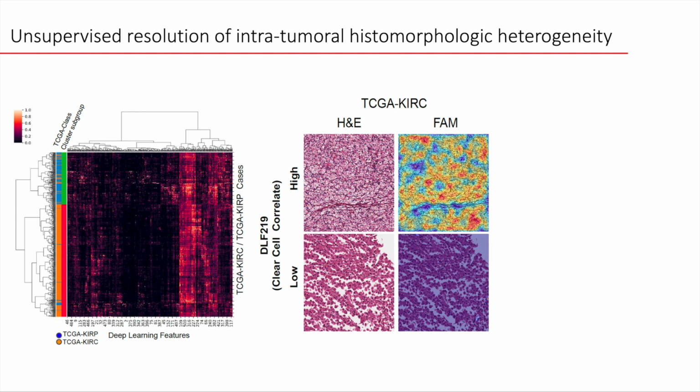So we can take some features that were enriched in the clear cell group. So perhaps some of these features here that you see are high and relatively low in this subgroup, and see if they in fact correlate with the clear cell morphology.